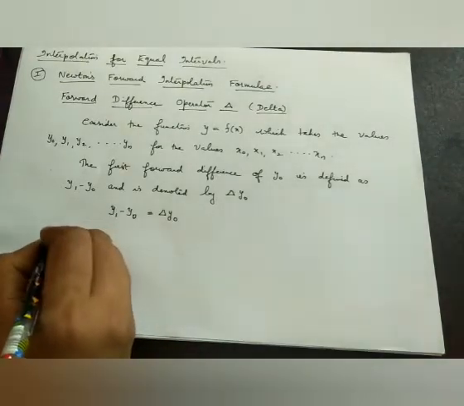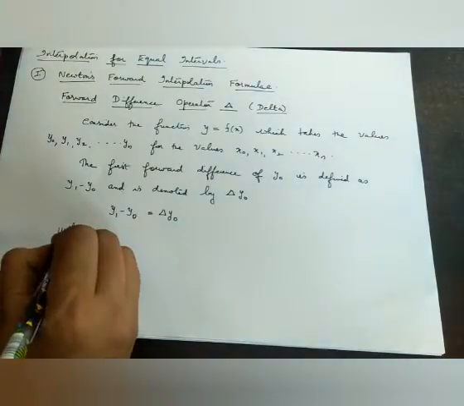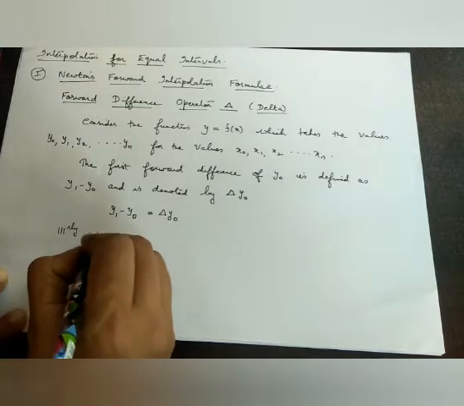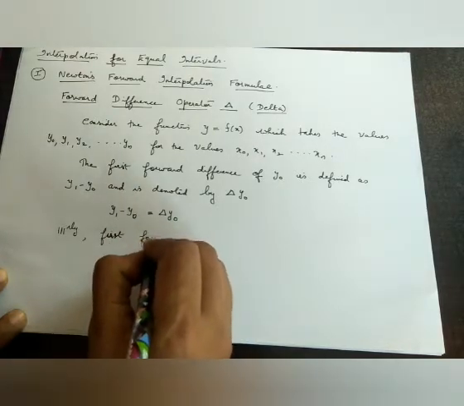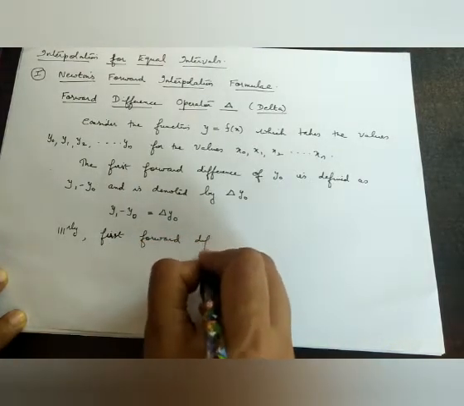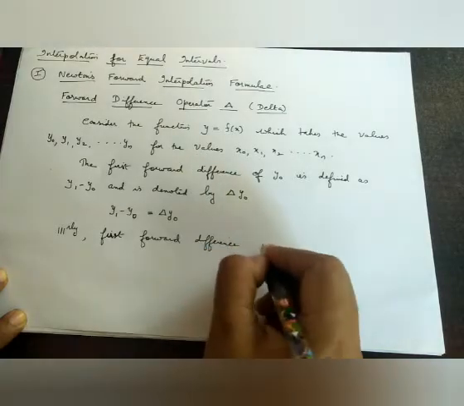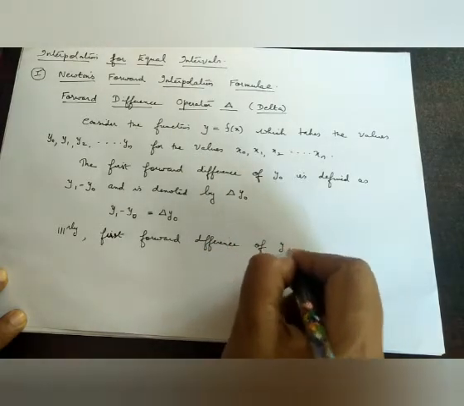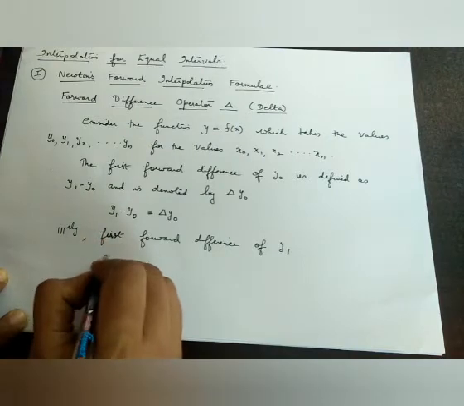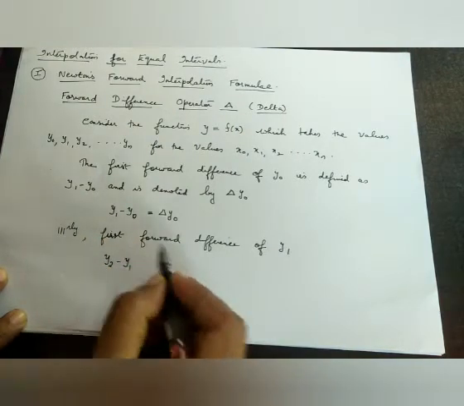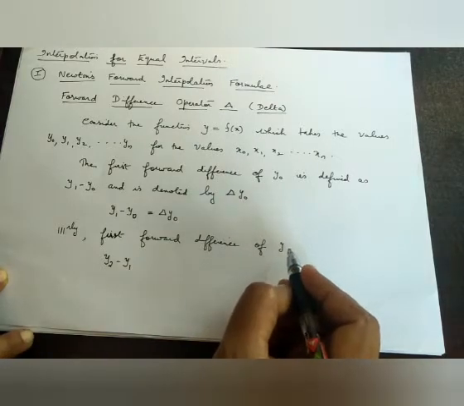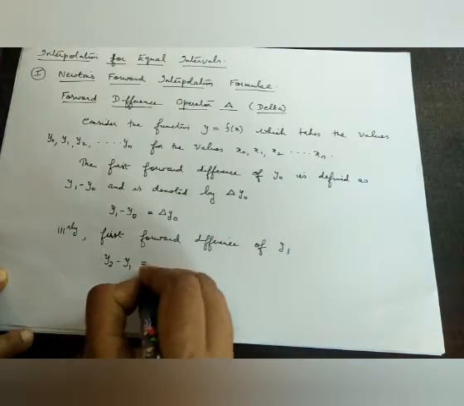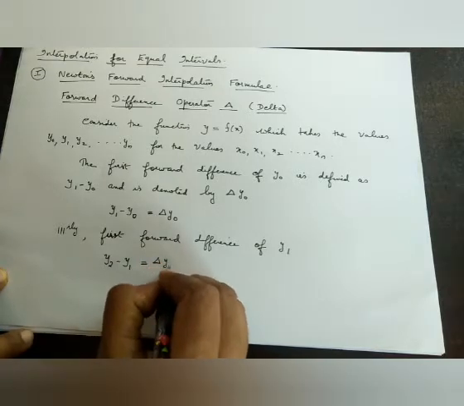Now, similarly, the first forward difference of y1 is defined as y2 minus y1 and is denoted as delta y1.